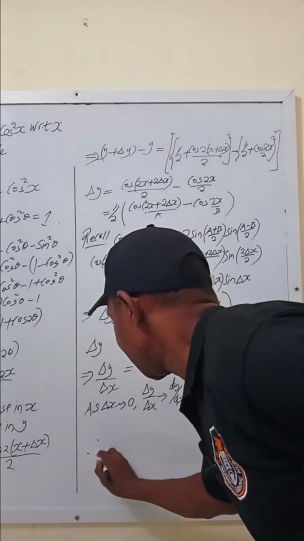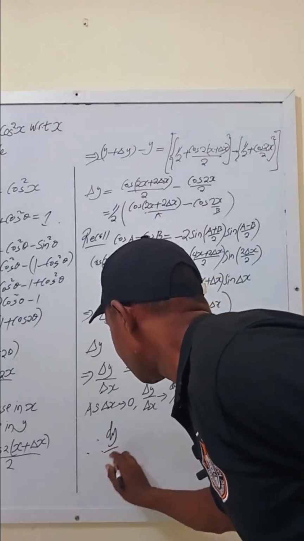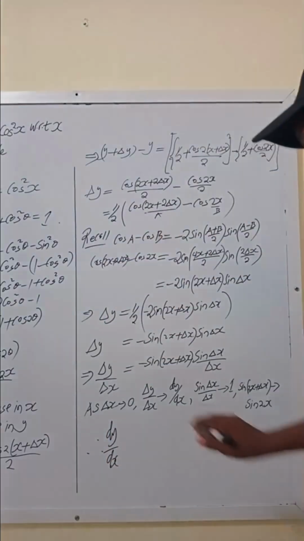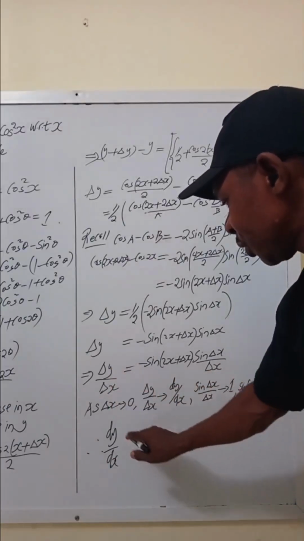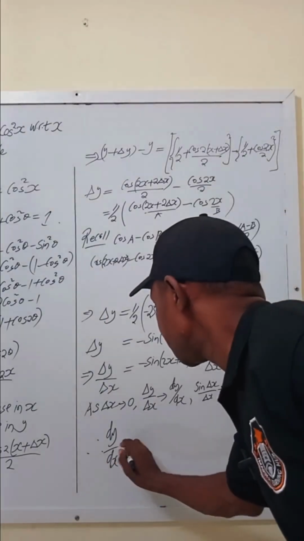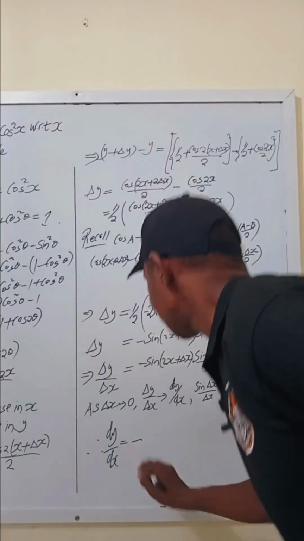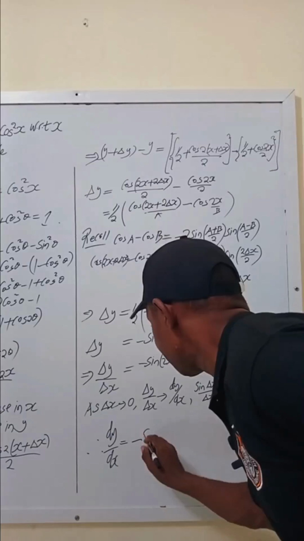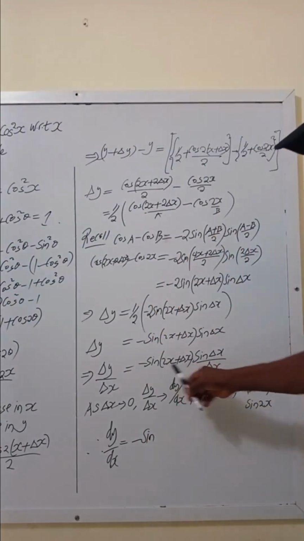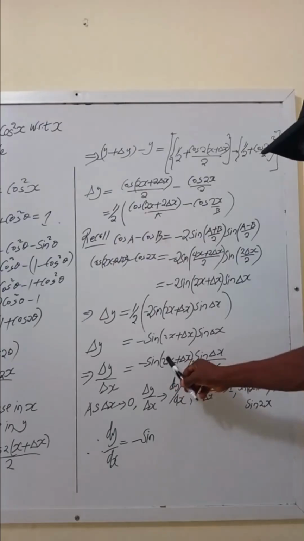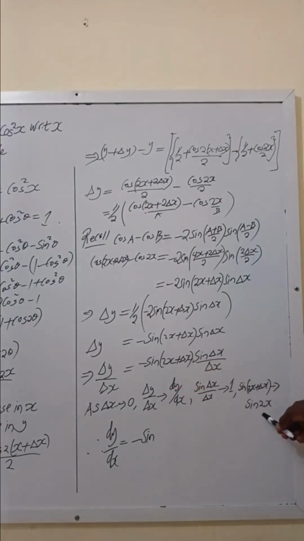So therefore, we get our dy dx. We already have the limits. Now we're replacing the delta y over delta x with dy dx, which equals, the negative still remains. We have the first term as sine. We said as delta x tends to 0, then sine of 2x plus delta x will tend to sine 2x.